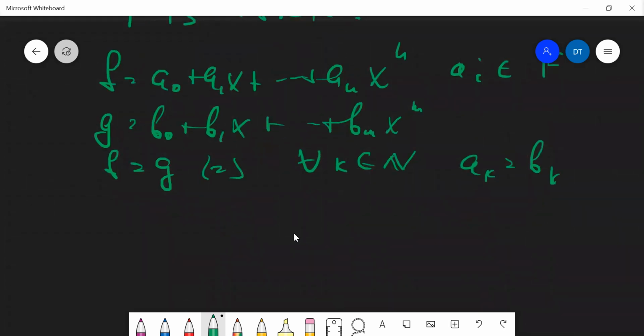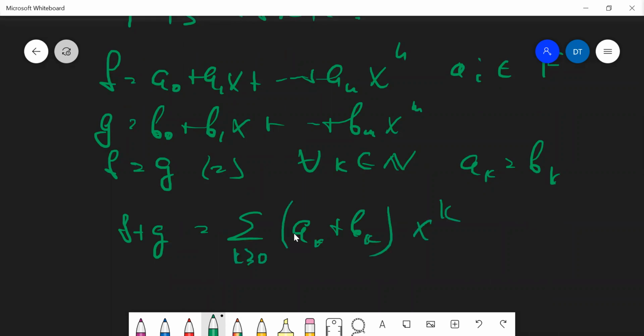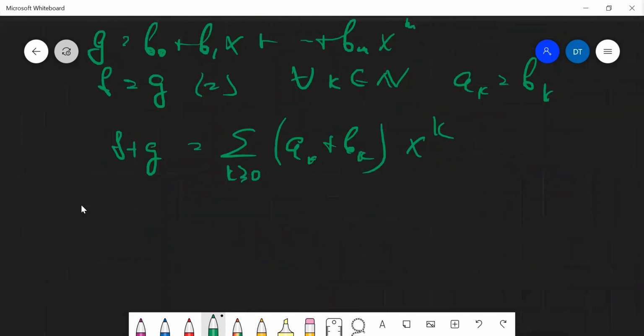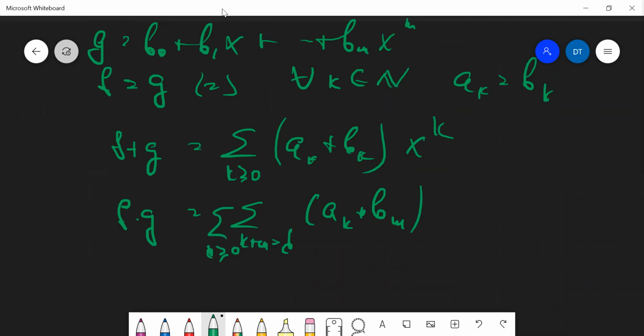And there are just formal rules for how to add and multiply polynomials. Let me just recall. For the sum, you just sum everything coefficient-wise. And if you want to multiply two polynomials, you multiply them by these rules: the sum over k plus m equals d of a_k times b_m, like this.